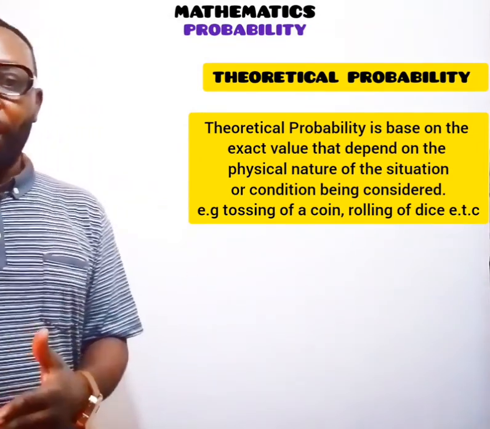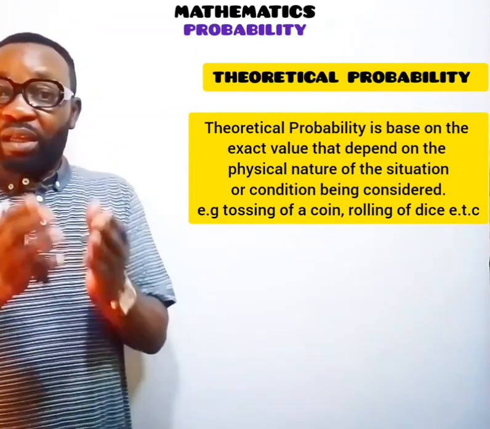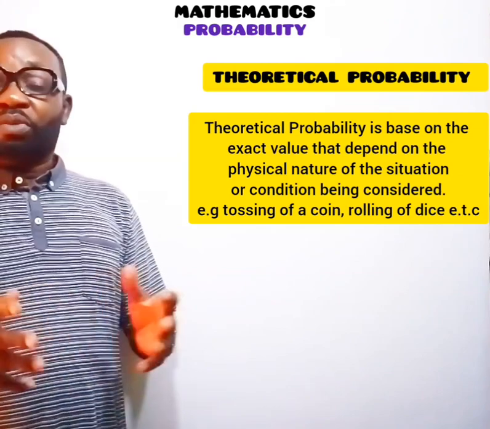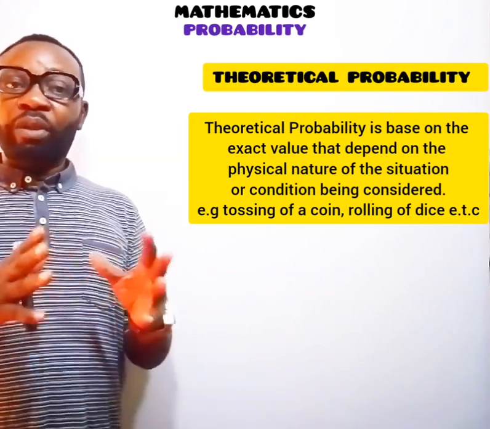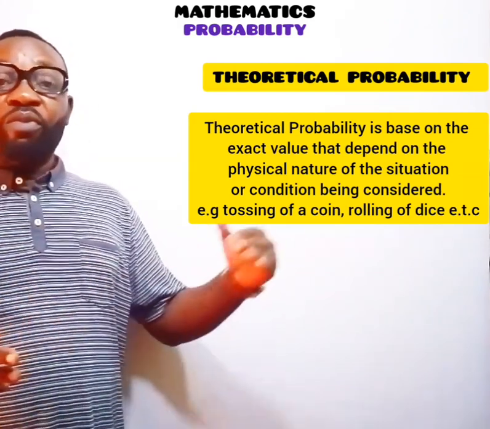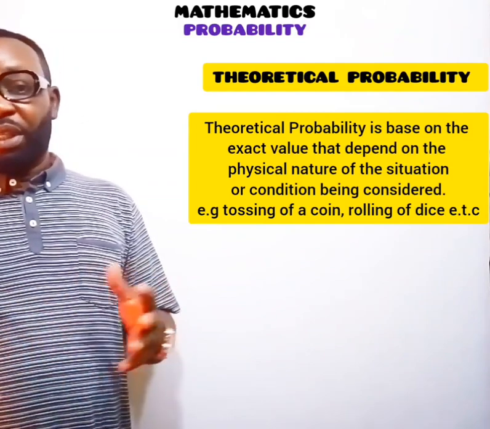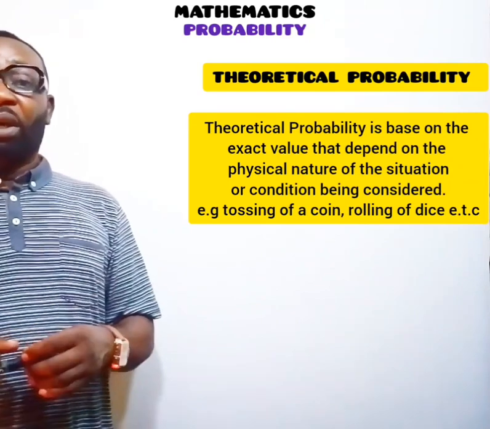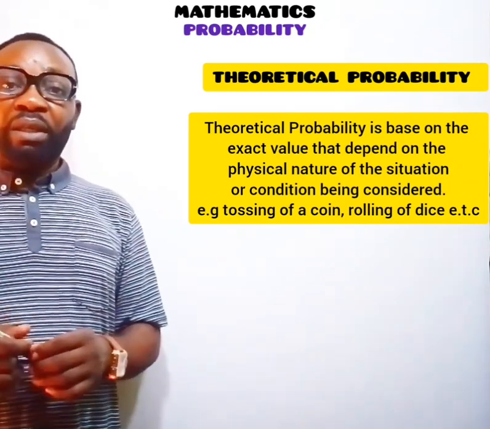If you have to pick a ball of a particular color from balls of different colors, that's what theoretical probability deals with. We also have many forms of theoretical probability, and we'll be dealing with them in this class.